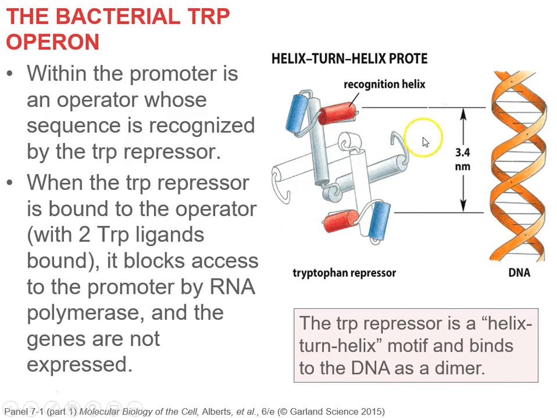But the only way that the Trp repressor can bind is that it needs, it's not shown here, 2 Trp ligands in order to have the proper conformation so the repressor can bind. And the Trp ligands are a signal to the repressor that Trp is plentiful, and we ought not to be expressing those 5 genes.